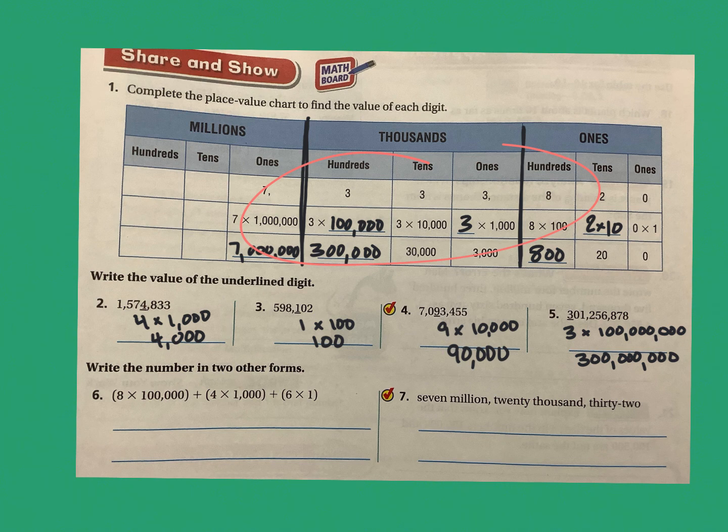So we have 8 times 100,000. So I'm putting 8 in the 100,000s place right here. I have 4 in the thousands place right here. And I have 6 in the ones place right here. And so everything they didn't mention must be zeros. So in standard form, that's going to be 804,006.